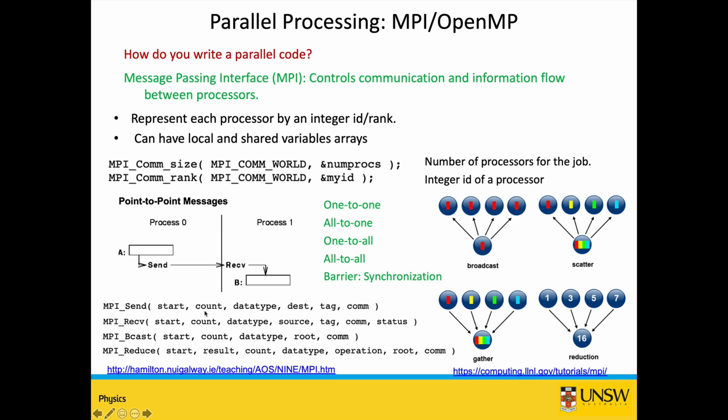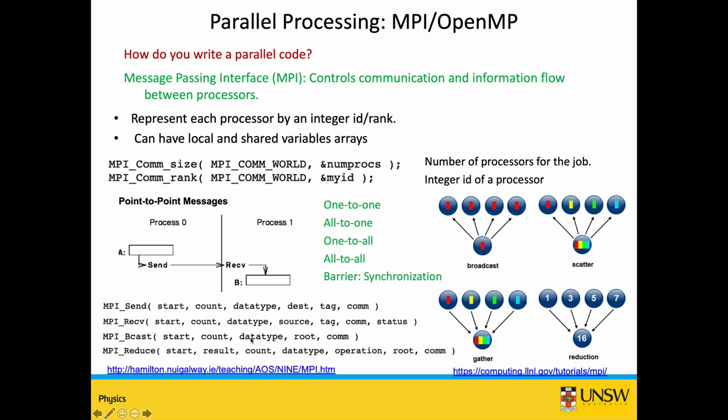If you have a double variable in an array, for example, you have to specify how many elements of that array you need to transmit. Then the data type could be integer, double, or float, or any other primitive data type. And then destination is the index of the processor that you want this process to send to. And then there are other variables also.